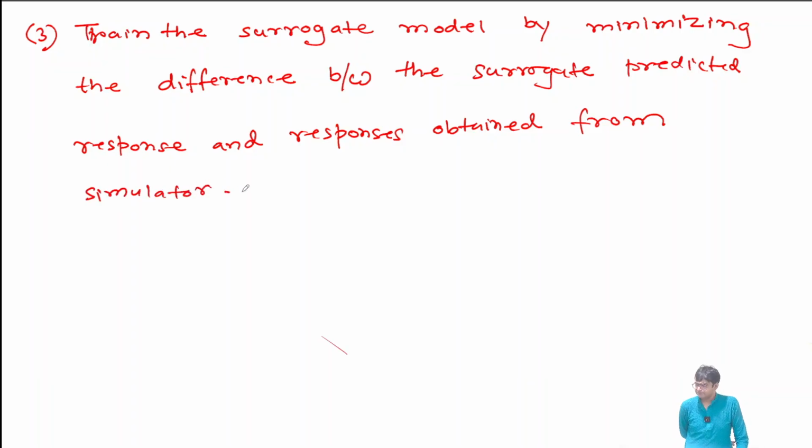This is my step 3, and step 4 is solve the reliability analysis problem by using the surrogate model, which is with MCS or whatever you want, right. Step 4 is solve the reliability analysis problem.